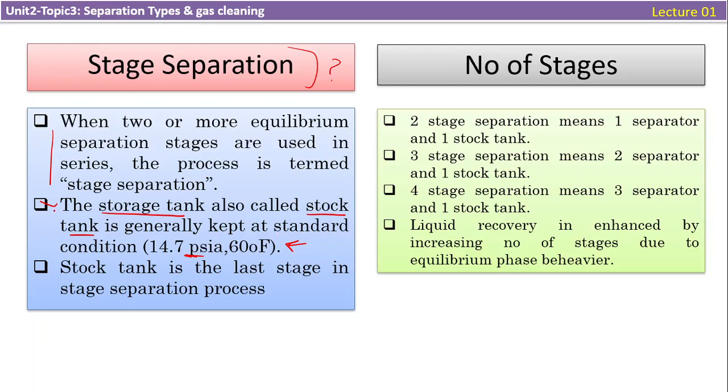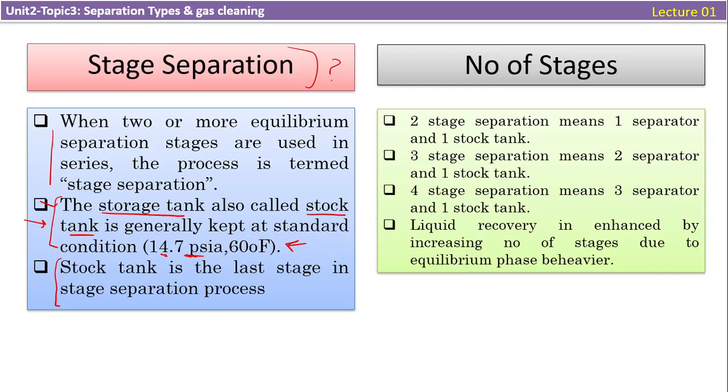So stock tank condition is given here, and the stock tank is the last stage in the stage separation process. Means when there are multiple stages for the separation, the last stage is the stock tank, where the pressure is given as 1 atmospheric pressure.